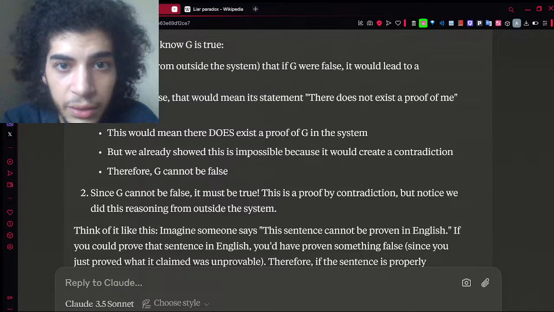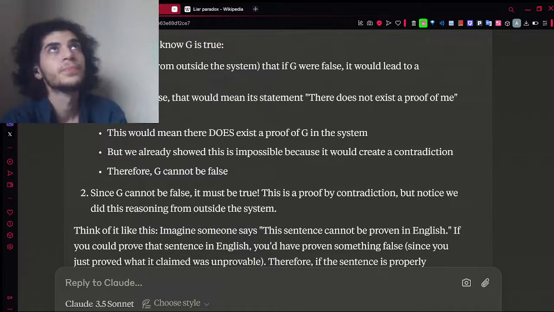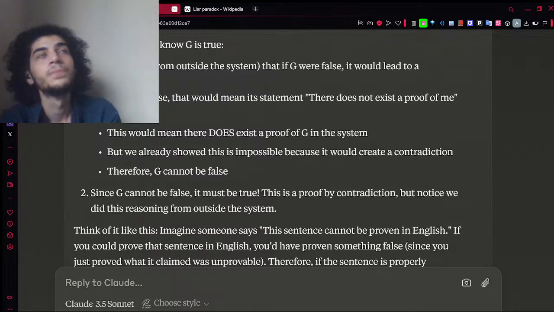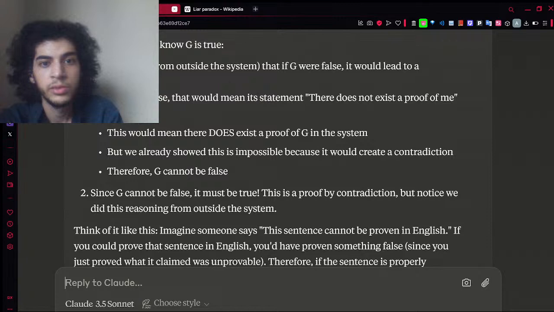Yes, because if G were false, this would mean there does exist a proof of G in the system.